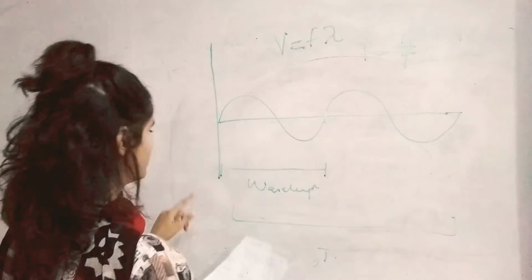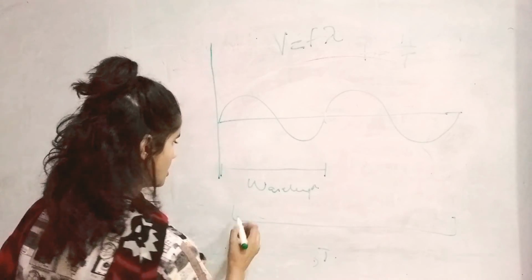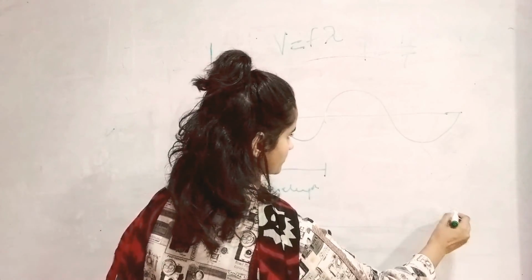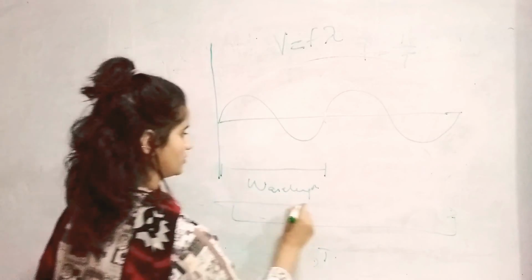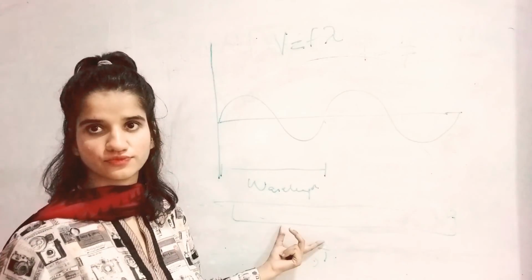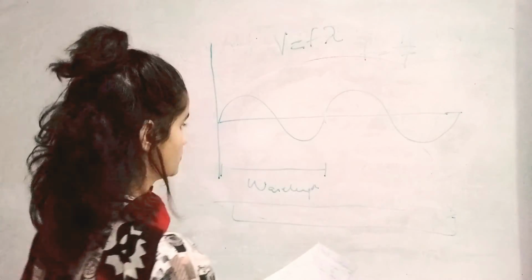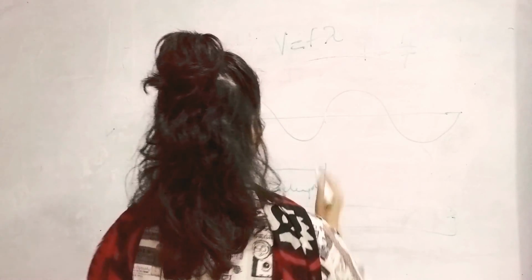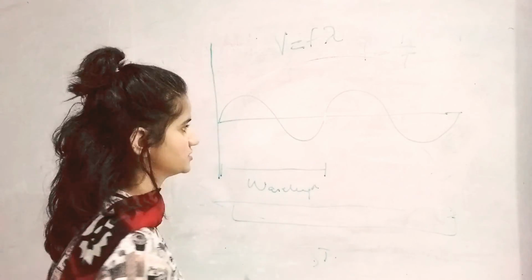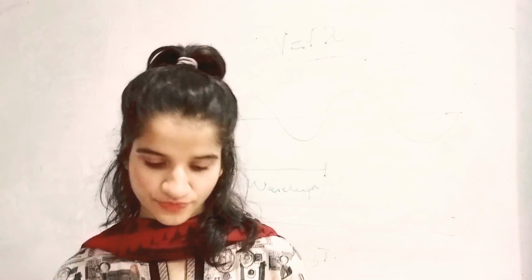But in velocity, we have seen how much distance it covered in one wave in 1 second. One wave, 1 second, that would be known as its velocity. And the last thing is about amplitude. Amplitude is the maximum displacement of particles of the medium from their original undisturbed position.